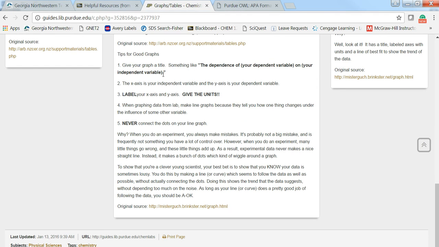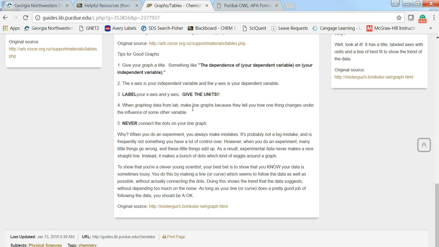There's some stuff on here. Give the graph a title, like your dependent variable's effect on your independent variable, which is what you did for yours. It was absorbance versus concentration, I believe. So absorbance was dependent on concentration.